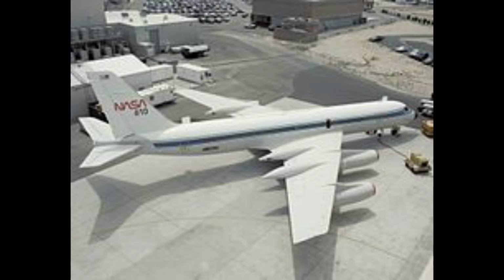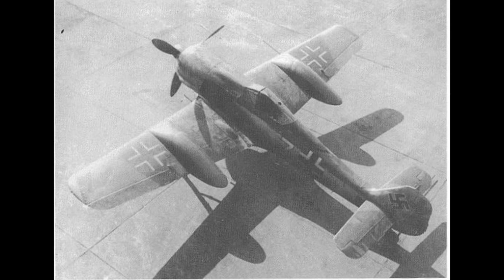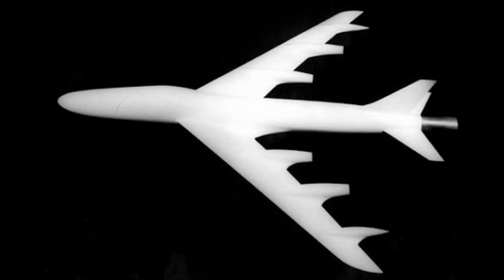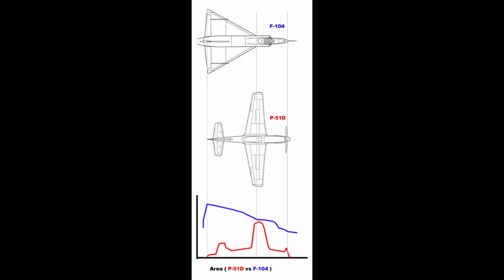The presence of anti-shock bodies, however, significantly reduces the strength of the shock waves, and separated airflow is nearly eliminated. It is also interesting to note that Whitcomb later applied this same reasoning to the development of the supercritical airfoil during the 1970s.